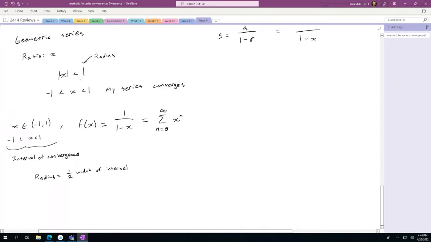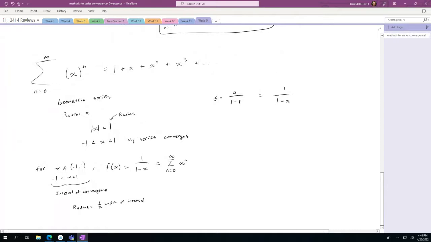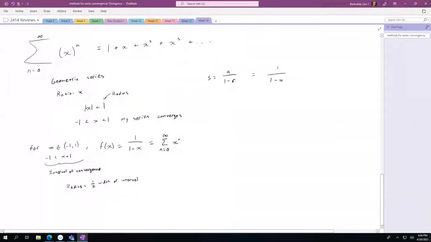But you can also just think of it as, well, if I apply the ratio test, well, then I'm going to get, actually, let's just go ahead and apply the ratio test. I'm going to take the limit as n approaches infinity of my n plus 1 term over my nth term, right? This is x to the n times x over x to the n.